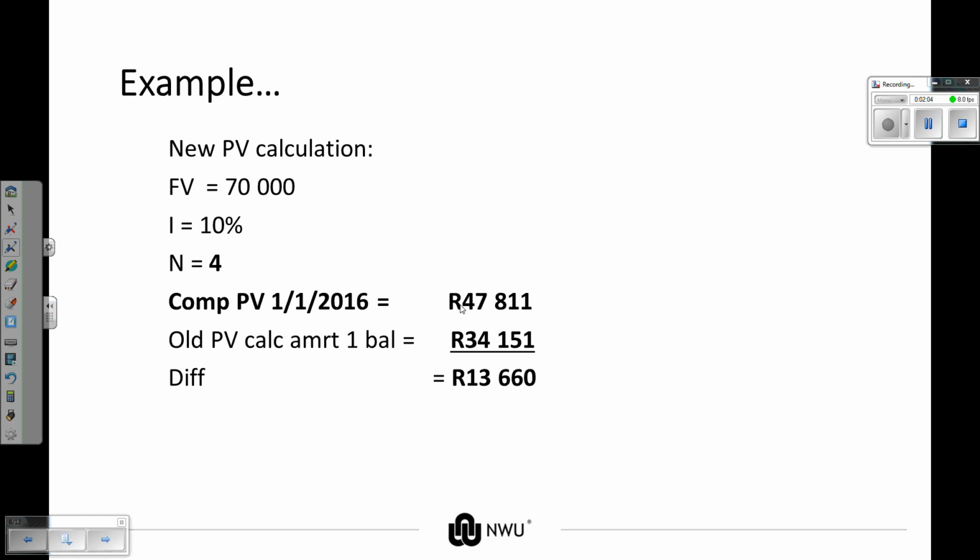So my present value is now 47,000. My old present value calc to get the balance of the provision based on the old estimates, that will be amort 1.1 balance. So the balance for the first period, 34,000, and the difference will be 13,000, an increase. I have to increase this old balance to get to this new present value amount.